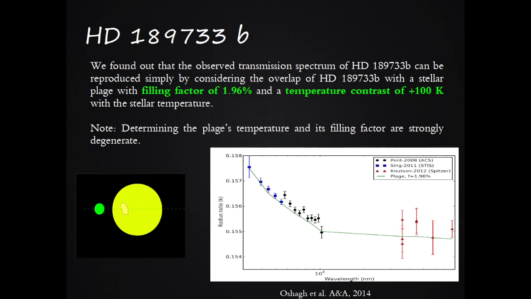We are not claiming that that planet does not have an atmosphere, but we are saying that the amplitude of the Rayleigh scattering or blue sky feature that you expect to see in your transmission spectrum can be easily mimicked by the activity of the star.